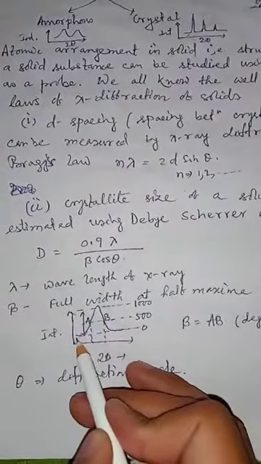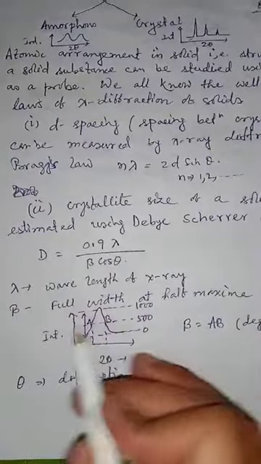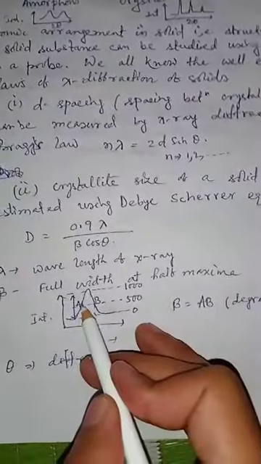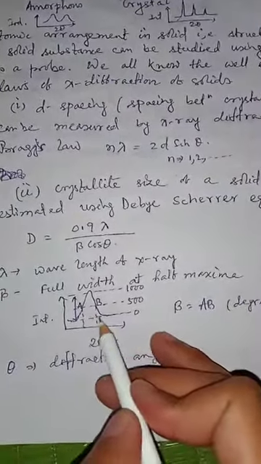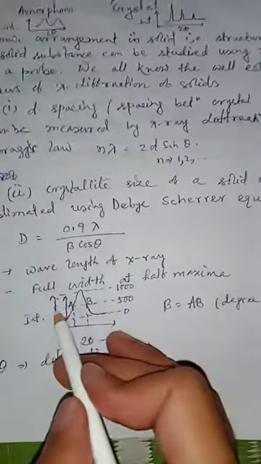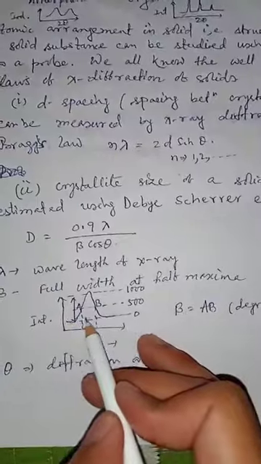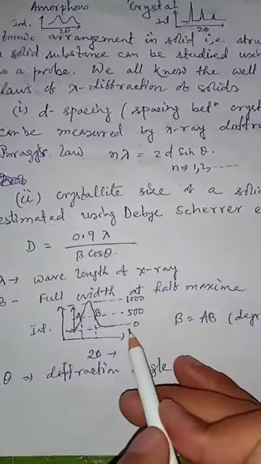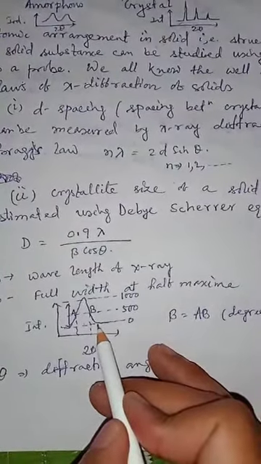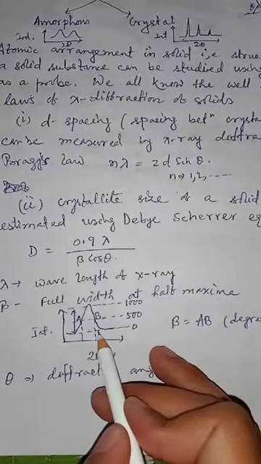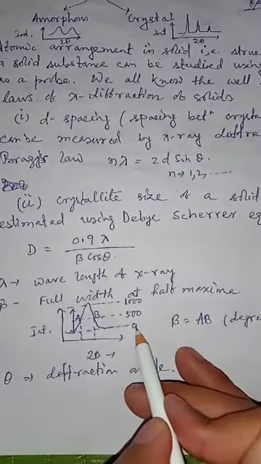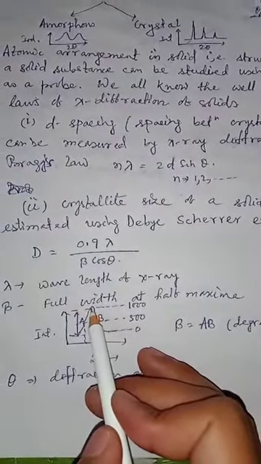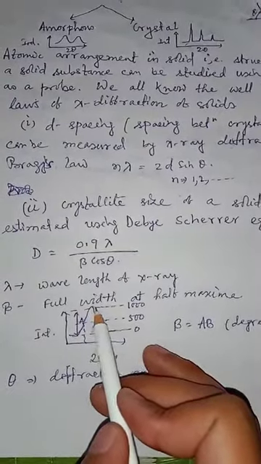If I take an X-ray diffraction pattern of some compound, then I have a peak like this. In the y-axis I have plotted intensity. Now the full width half maxima is the position where the intensity is exactly half. When I count this base as 0, intensity is 0 here. Now the intensity at the top of the peak is 1000.